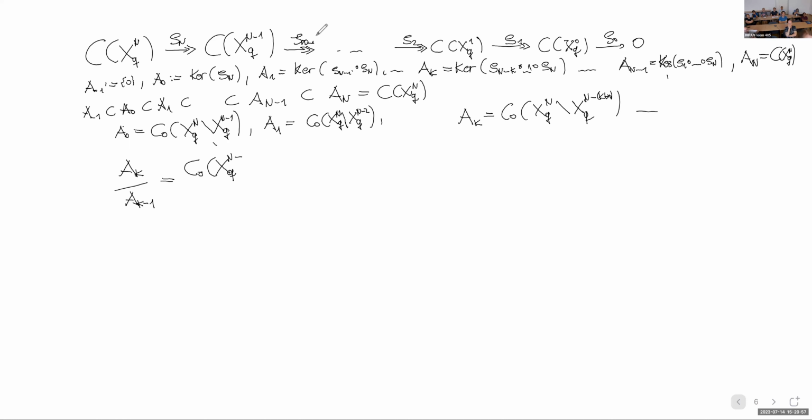So I'm hoping X cube n minus k minus 1 quotient is 0. X cube n, we take out x, so n minus 1 is a plus, n minus k.